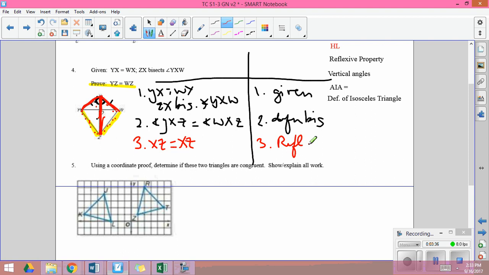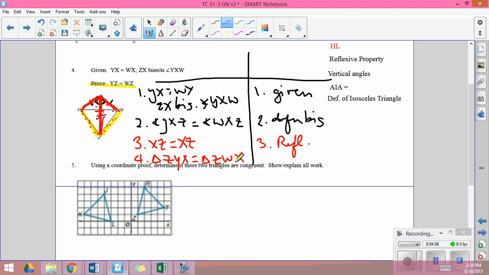Now, I could stop at O and say XO equals XO by reflexive, but then I would only be proving the top two smaller triangles congruent when I need the bigger triangles. So I now have enough information by side, angle, side to say that triangle ZYX is equal to triangle ZWX.